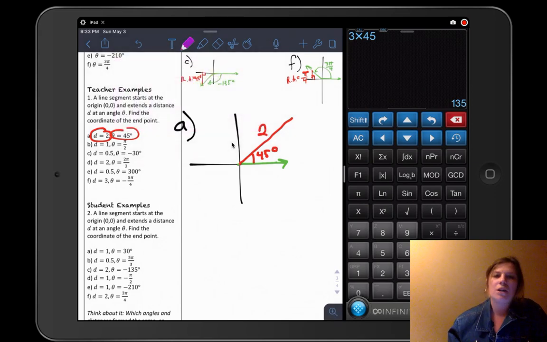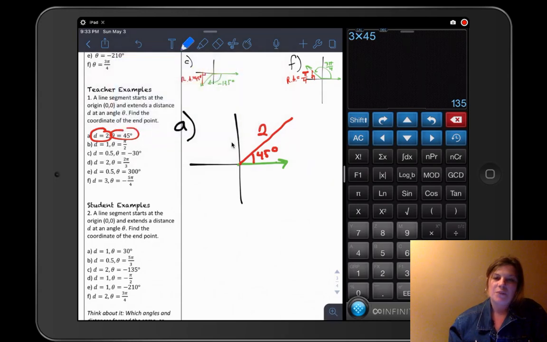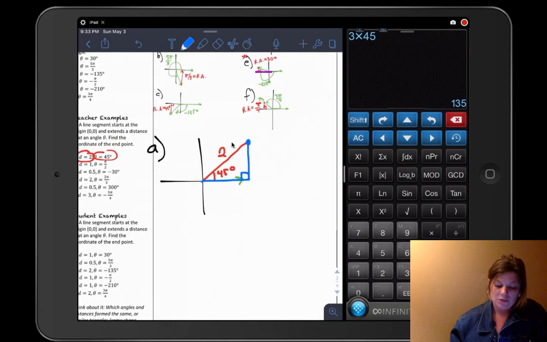And what I want to know from you is what is the coordinate of that point? And we're going to use that same idea that we did from our previous examples, that we have a height that comes straight down, and we have a length that goes straight out, and they make a right triangle. This length is the x part of our coordinate. This length is the y part of our coordinate.